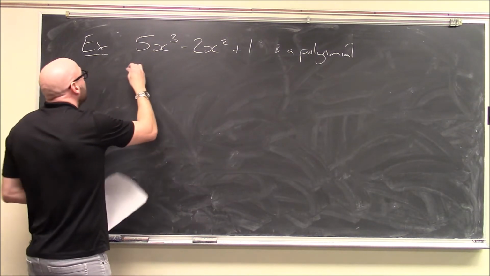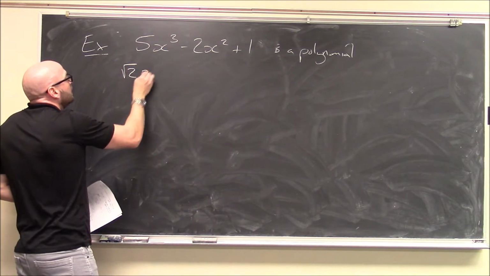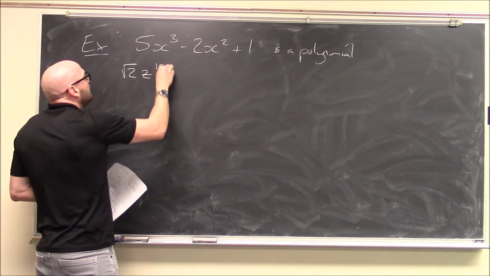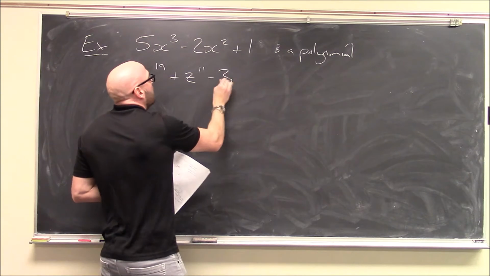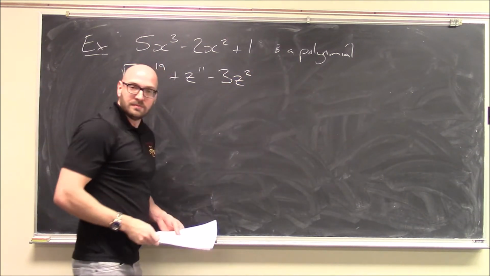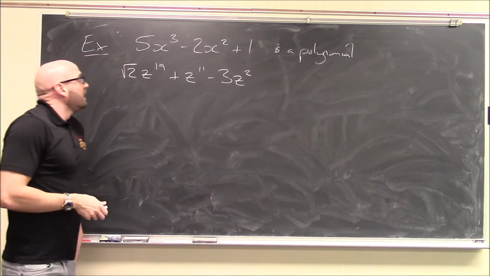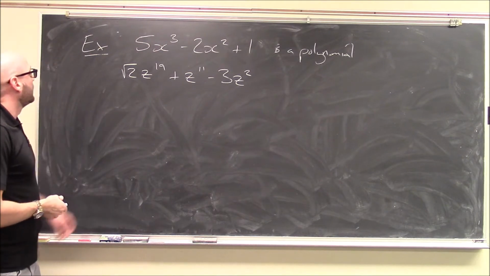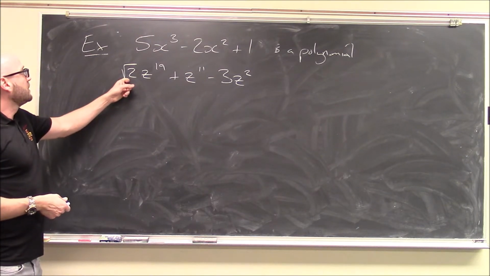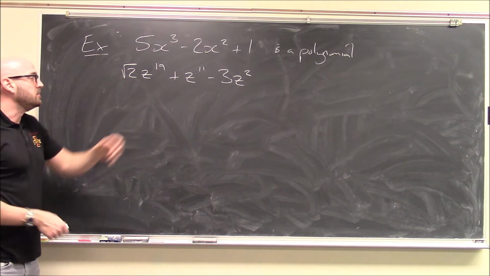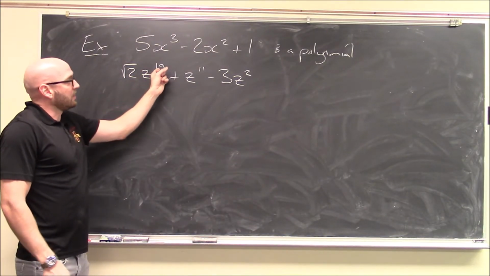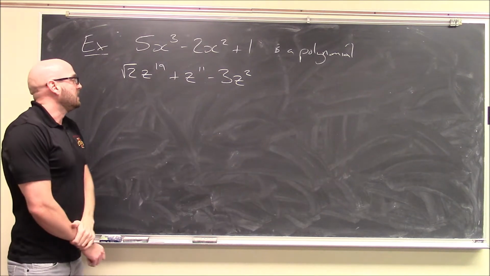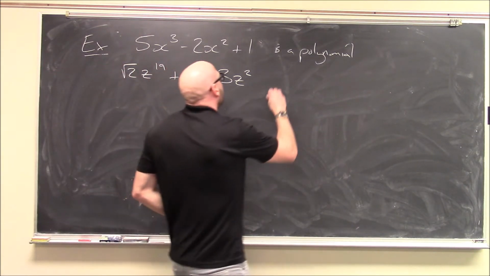How about square root of 2 times z to the 19 plus z to the 11 minus 3z squared? This one looks a little bit scarier because I've got this root 2, but remember, coefficients can be any real number at all that you want. The only real condition is that my powers are these non-negative integers. So this is a sum of terms, this is a polynomial.